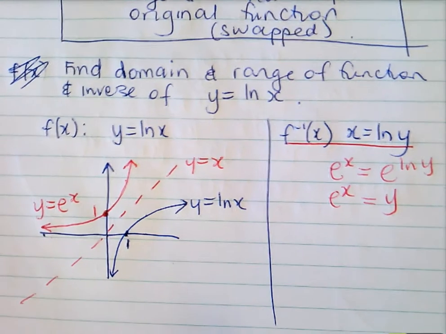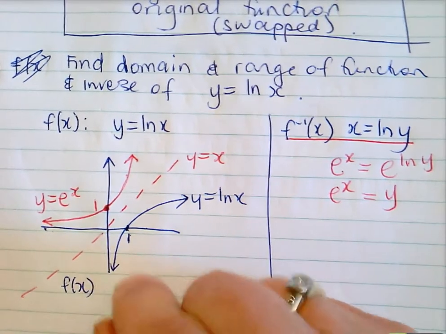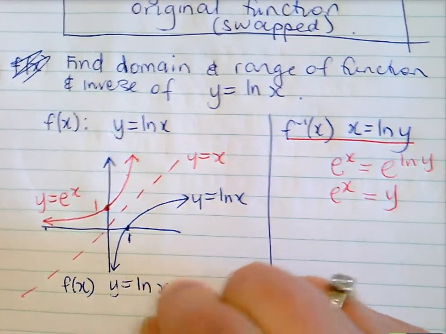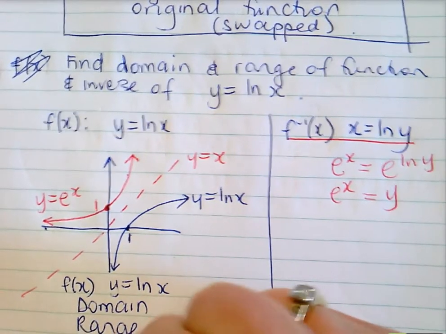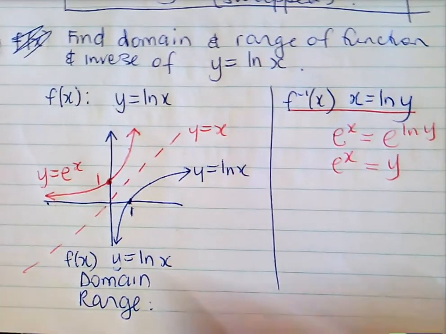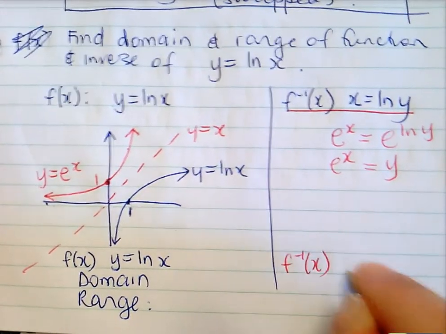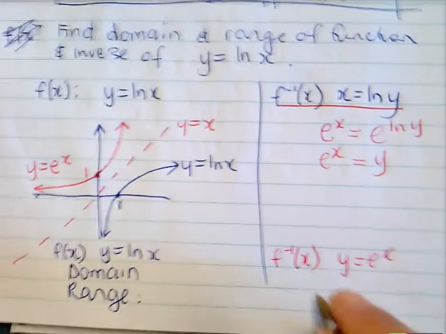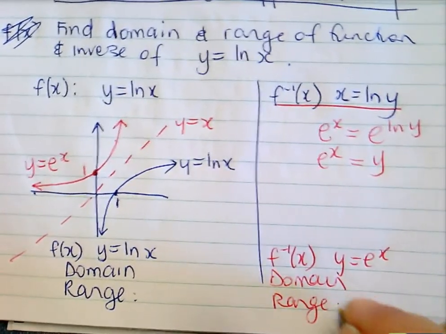Now, we're going to do the domain and range of each. So for the function y equals ln x, the domain is, and the range is, and we're going to look at our inverse function, y equals e to the x, its domain and its range.